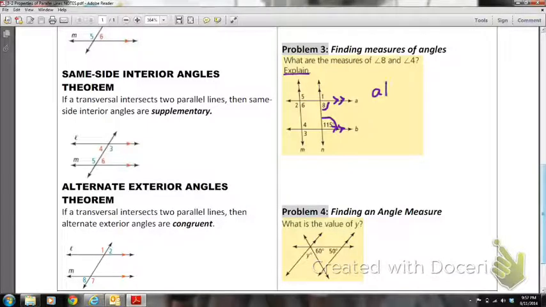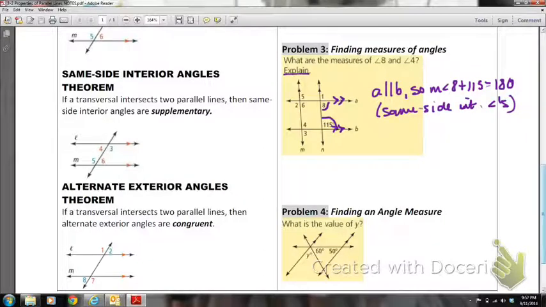So since A is parallel to B, the measure of angle 8 plus 115 has to equal 180. And that's because of the same side interior angles. So if you subtract 115 from both sides, the measure of angle 8 is going to be 65.